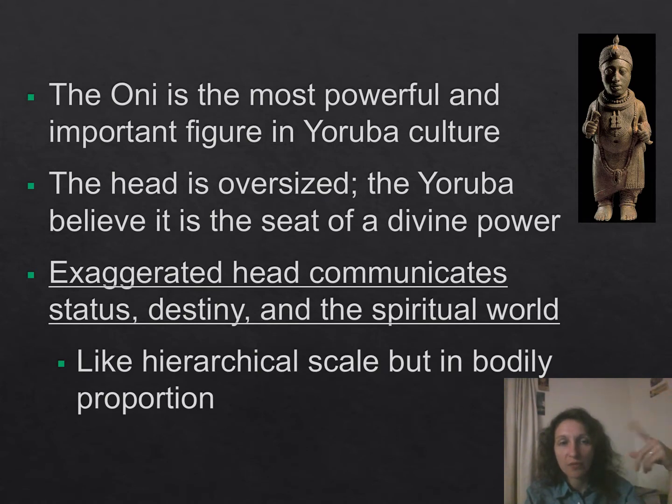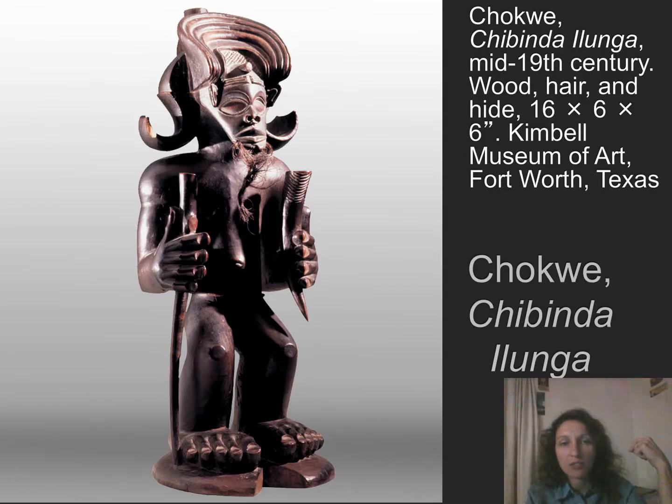There's just some information that exaggerated head communicates: spiritual connection, intellectual connection. All right, so this is a warrior leader from a similar area of the world, right? So that's current day Nigeria.